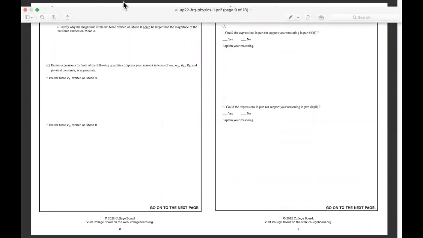All right, so moving on then, question B, part 2, justify why the net force exerted, and I can't actually see that due to the different panels that I have on my screen right now, but I'm assuming that's talking about why the net force exerted on moon B could be larger than the net force exerted on moon A, which is easy enough for me to answer then.